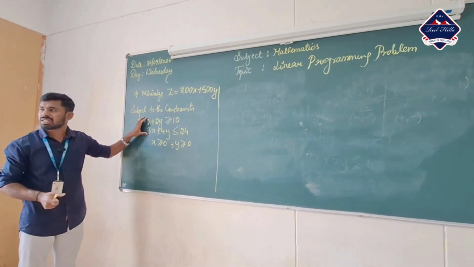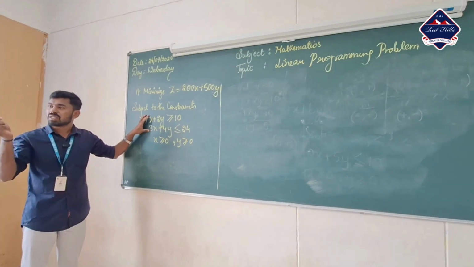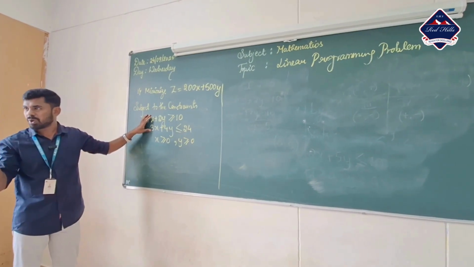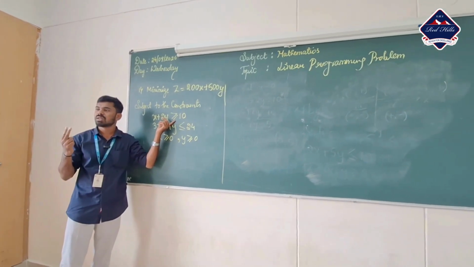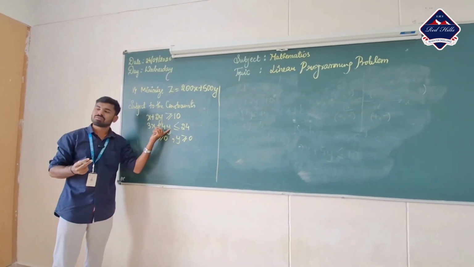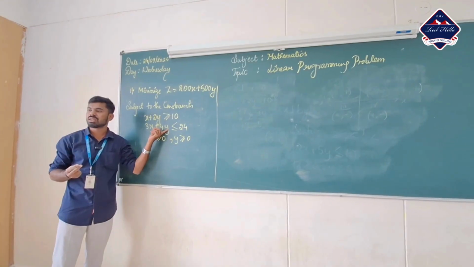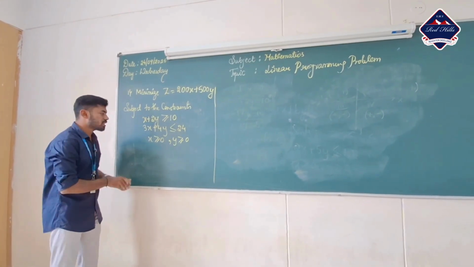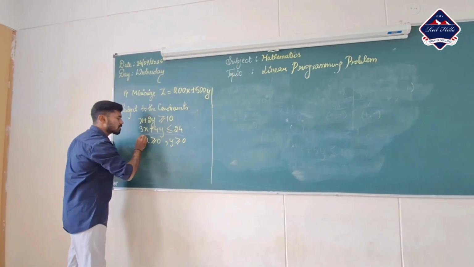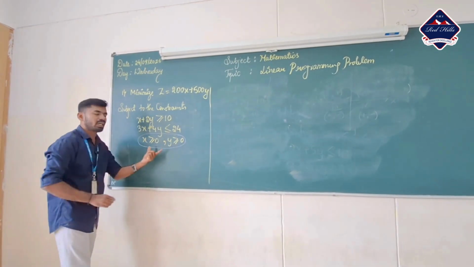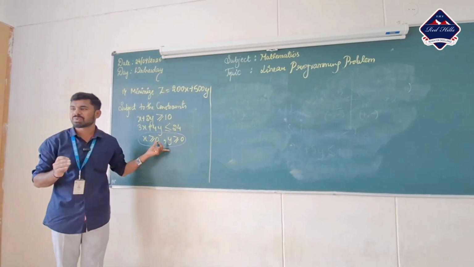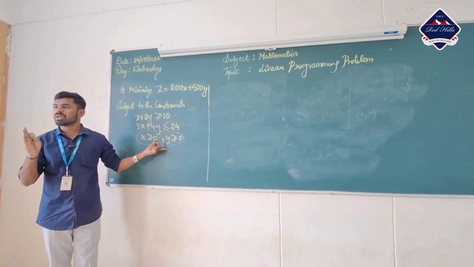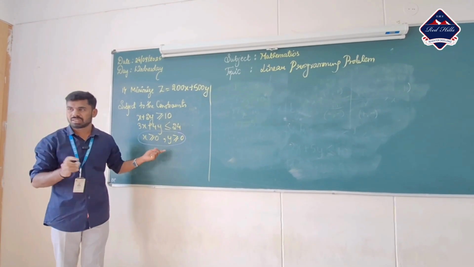The first two constraints determine there will be an existence of 4 points, because each and every constraint gives rise to how many points? 2 points. Since there are 2 constraints, we are able to get 4 points. And this third constraint clearly gives an example of non-negative constraints. It means the graphical representation will come only in the first quadrant.